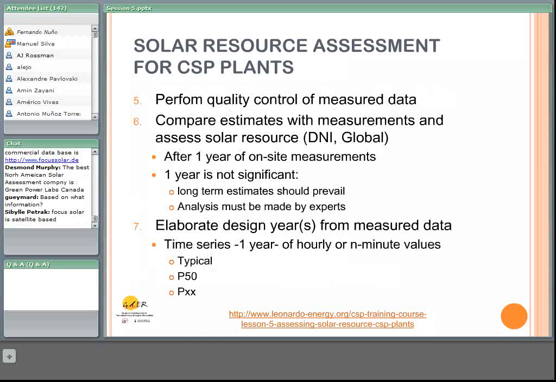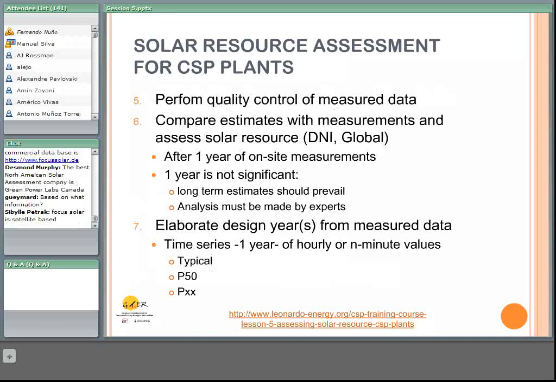So if you have long-term estimates from satellite, you should combine them with the measurements, analyze them carefully to make a good assessment. Again, this analysis must be made by experts. It's important to rely on experts for these types of work.